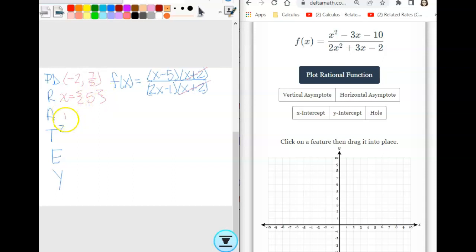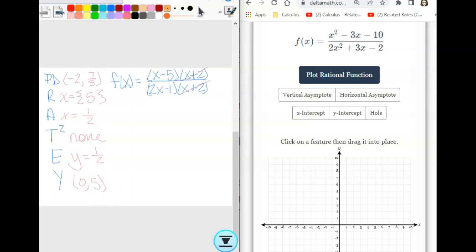I have a vertical asymptote at x equals 1/2. I do not have any tangency or togetherness. I do have a horizontal asymptote at 1/2. And I have a y-intercept at -5. Okay, those are all the pieces that I have to take care of over here.